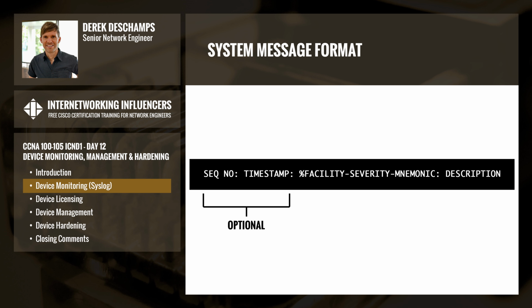The fifth component is the mnemonic, which is a small string that is used to describe the message. And lastly, the sixth component is the description, which is a detailed description of the event that is being logged.